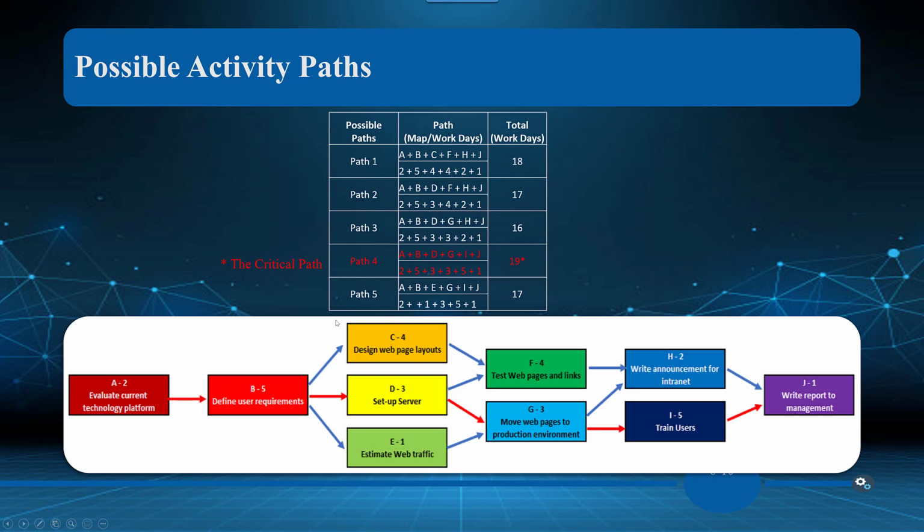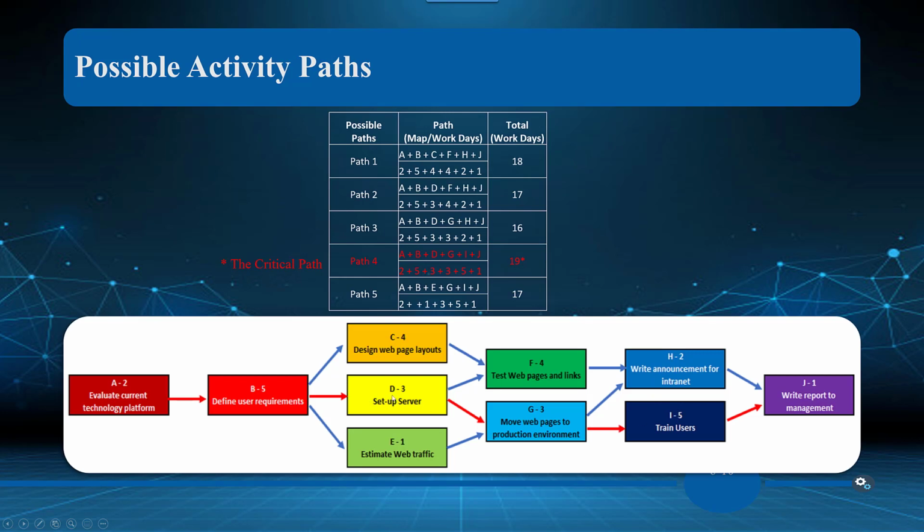We find that our longest path through the project is A to B, B to D. Now you might say, why is it B to D when I have a 4 here? Okay, it's because we have to continue on the path to find the longest number of work days that the project is going to take. So although this is 4 and 4 leads to 4, 4 leads to 2 here, but we have 5 days in training users.